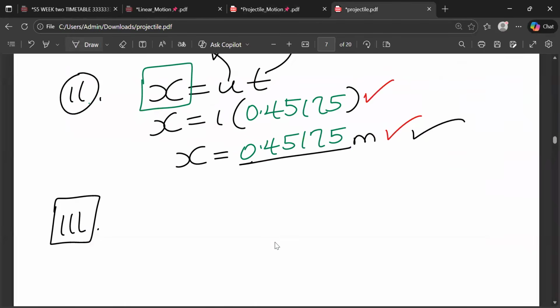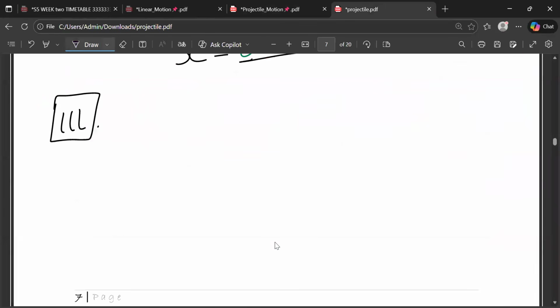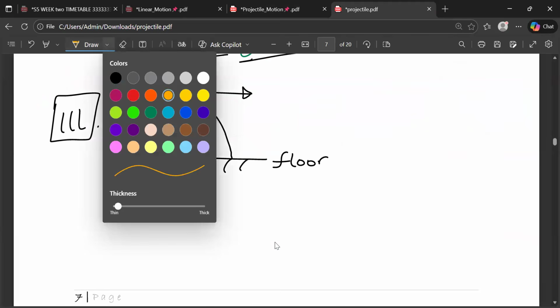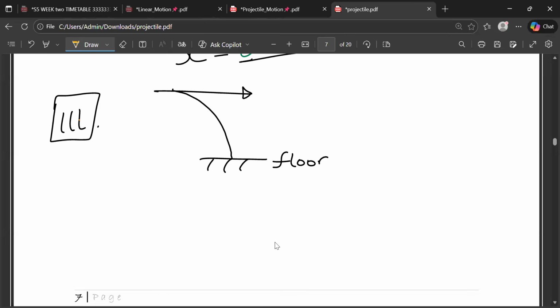So let me take you back. If you people recall very well, what did we say? We said that it is coming. Remember, it's having this, then it's also falling like this. So as it is coming to hit the floor, this is the floor. We said it's going to have this, which will be the final velocity, the vertical one.